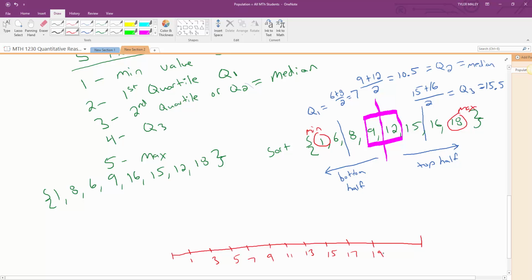And we can stop at 19, because my biggest piece of data is 18, that's the max. Then what I'd first do is draw a box from Q1 to Q3. Q1 was at 7, so we would start our box here, and we go to Q3, which is 15.5. So that'd be somewhere around, whoops, doing it too far, maybe right here.